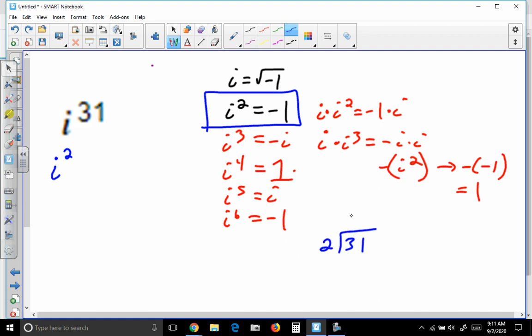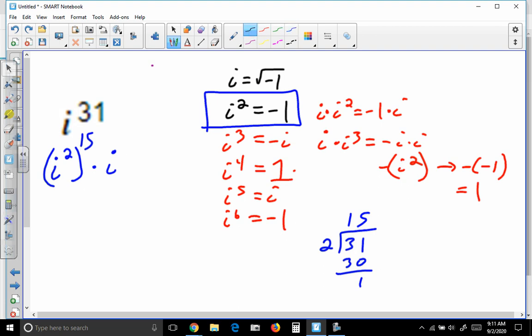If we divide that by 2, we get 15. And we have 1 left over. So look what we can do. If we raise that to the 15th power, when we have something with an exponent and that gets raised to an exponent, those are multiplied. So 2 times 15 is 30. We need 31, so we need 1 more i.